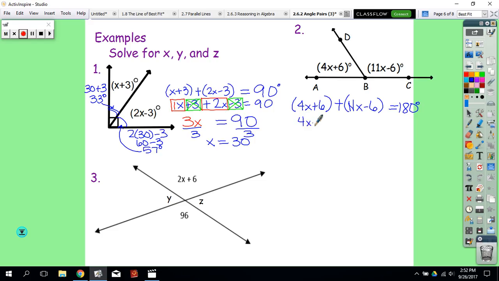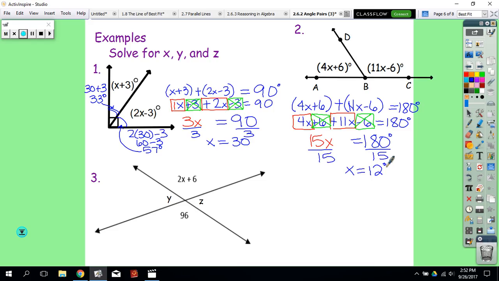So again, with the like terms, we have a positive 4x and a positive 11x, so that gives us 15x. And with the numbers, we have a positive 6 and a negative 6. Those cancel each other out, they add to 0. So we have 15x is equal to 180. And then all we have to do is divide by 15. And if I've done this correctly, x should be equal to 12 degrees.